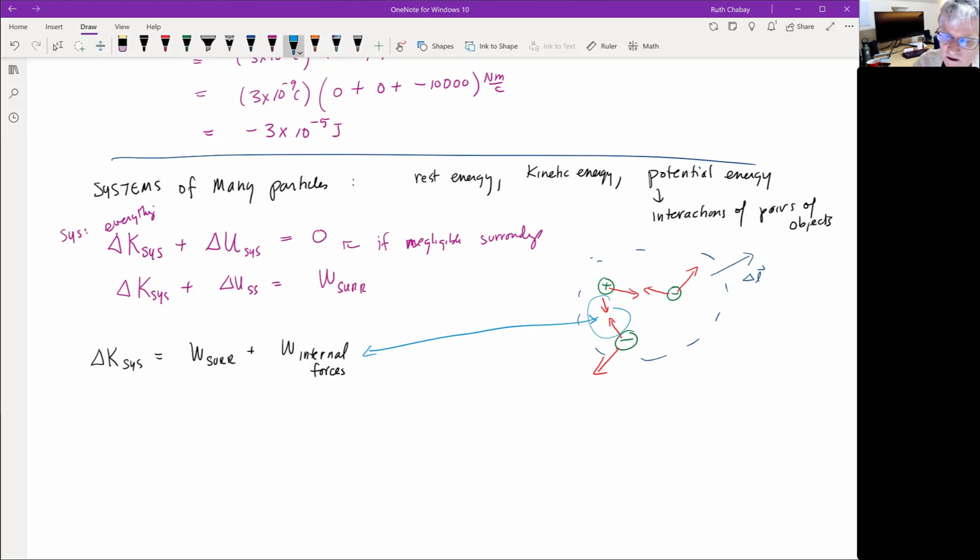So we could separate things external and internal to the system, we said we wanted to have everything due to the system on one side of the equation. So we had change of kinetic energy of the system minus work due to internal forces was equal to work done by the surroundings, and it's this quantity that's the change in potential energy of the system.